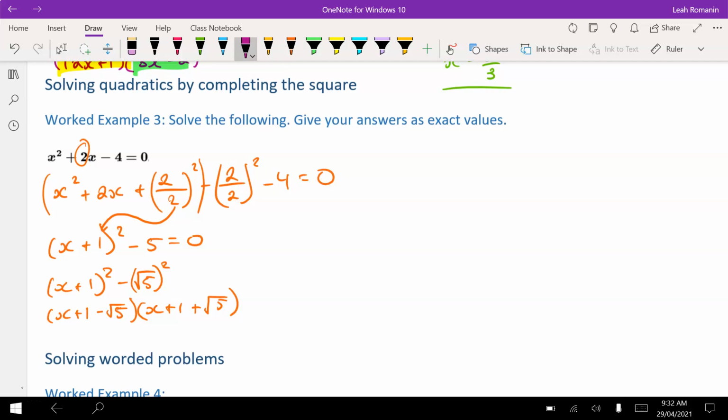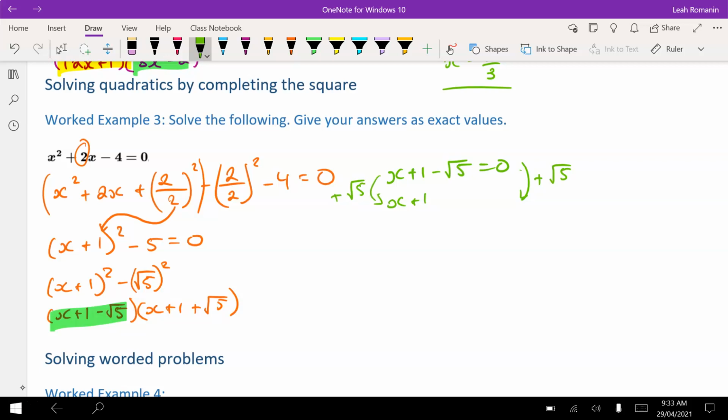Okay, so now we're going to use the null factor law. So taking my first bracket, the x plus 1 minus root 5 equal to 0. All I'm going to do is plus that square root of 5 to the other side. So I'm going to plus square root of 5 to both sides. And as I said, you don't have to give me the arrows on the side.